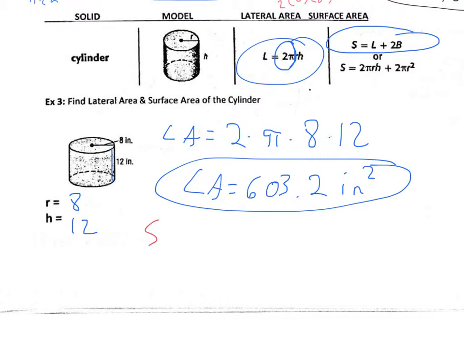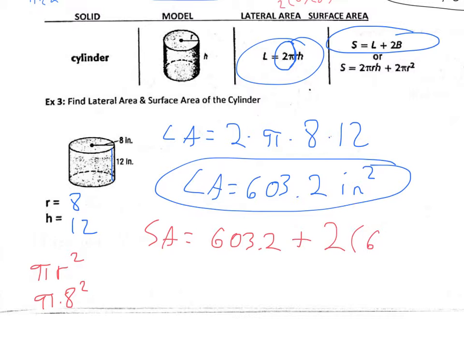Now if I'm doing surface area, I take 603.2, that's the lateral area, and add it to 2 times the area of the base. Well, the formula for area of a circle is pi r squared. So we're going to say pi times 8 squared, which is 64 pi.